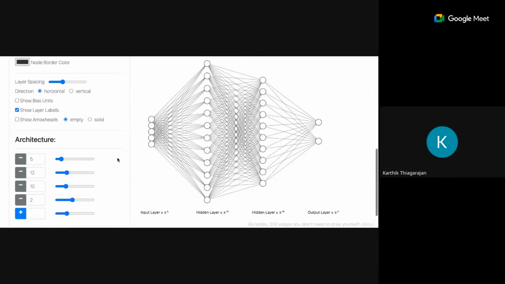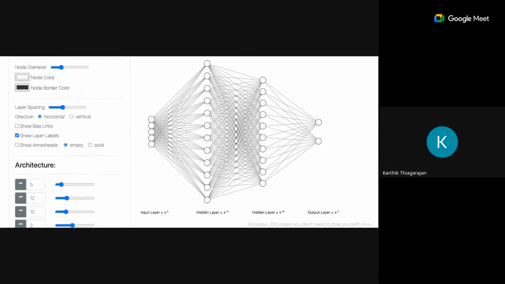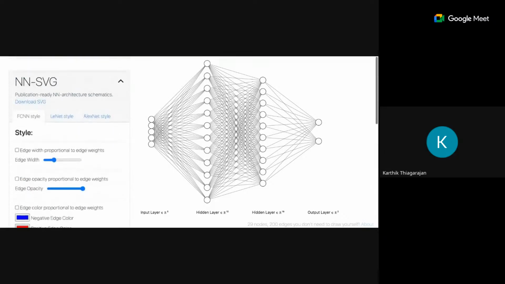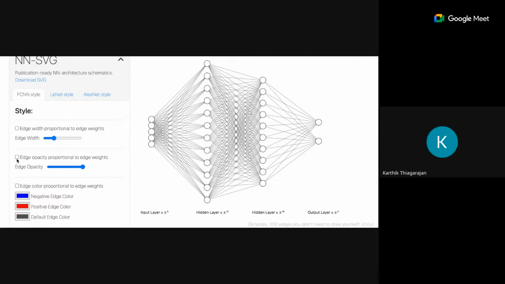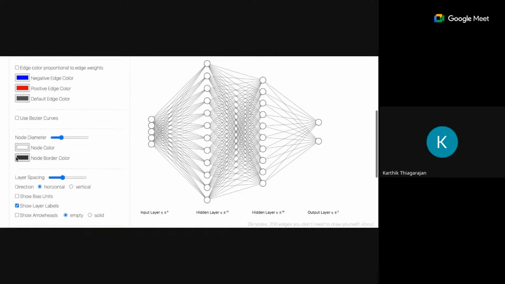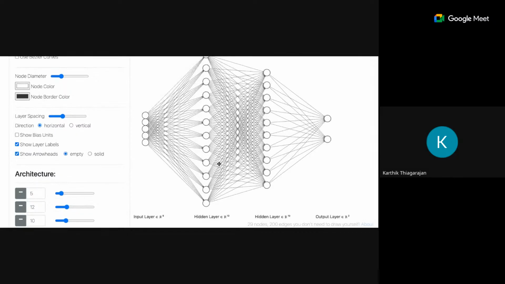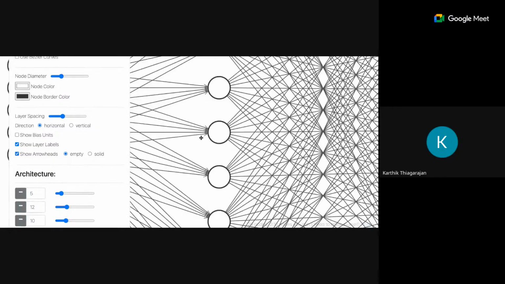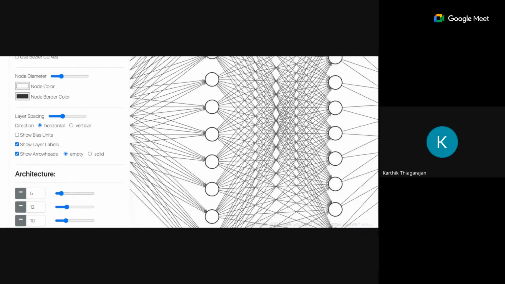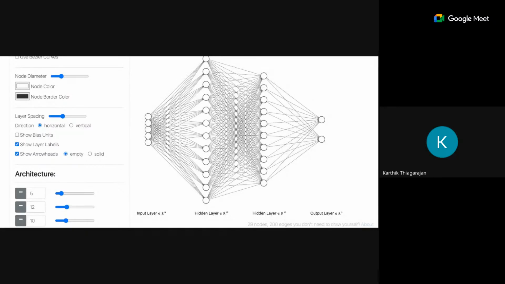It's called feed forward because the connections are always from left to right. They always move forward. You can show the direction of the edge, show arrowheads. If you notice, these arrowheads are pointing from left to right. That's what makes this feed forward.